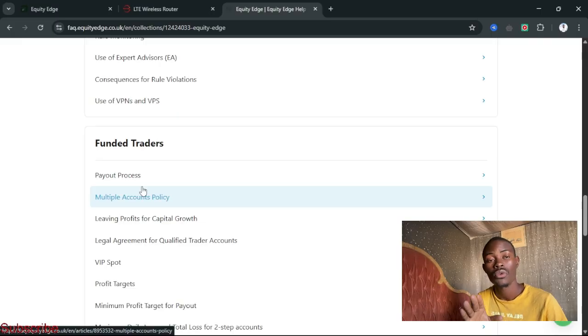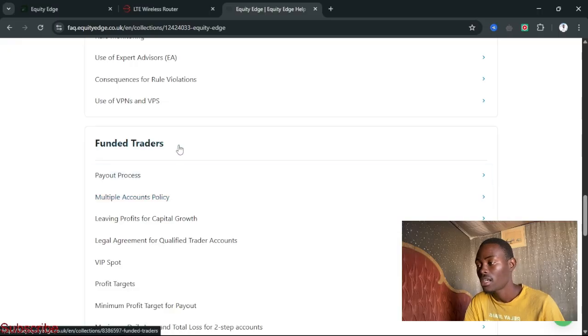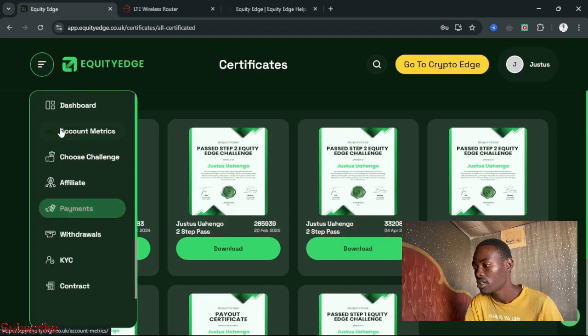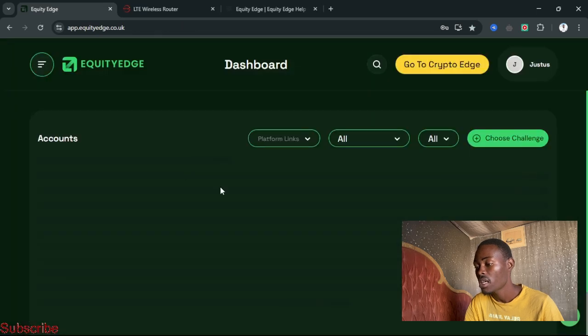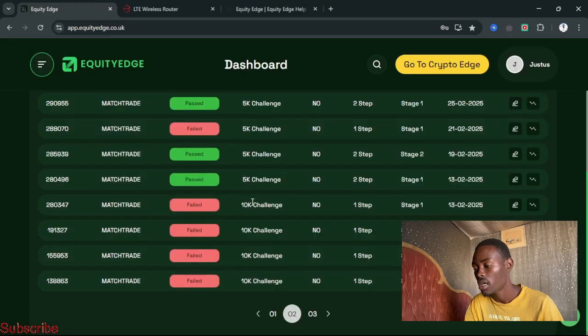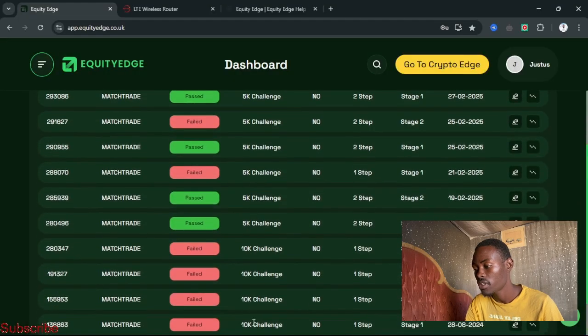That rule, you need to understand it better and better, because that one has been breaching my trades and my accounts. Guys, I breached a lot of accounts. As you can see here, the ones that I failed, I bought a lot of accounts, mostly 5k and 10k.